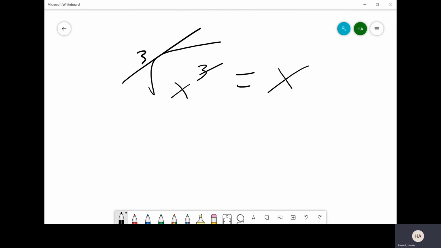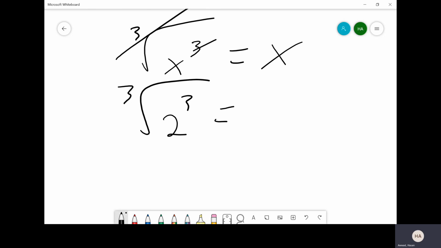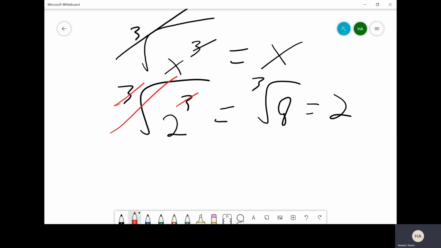So if we say, again, we have 2 cubed and we have the cube root of it, well, you could go through the process of saying, okay, well, 2 cubed is 8, so we have 8 underneath, right? But then what's the cube root of 8? Well, again, we're looking for a number that multiplies against itself 3 times that will give us 8, and that is just 2. So it's essentially the same thing as if you just canceled out the exponent with the radical itself.